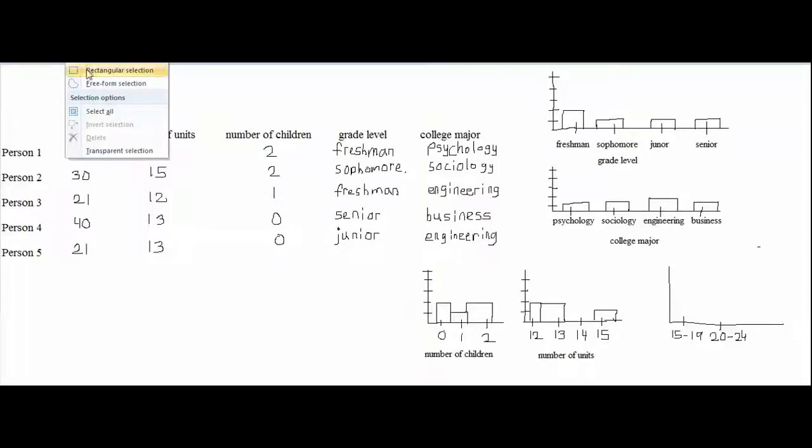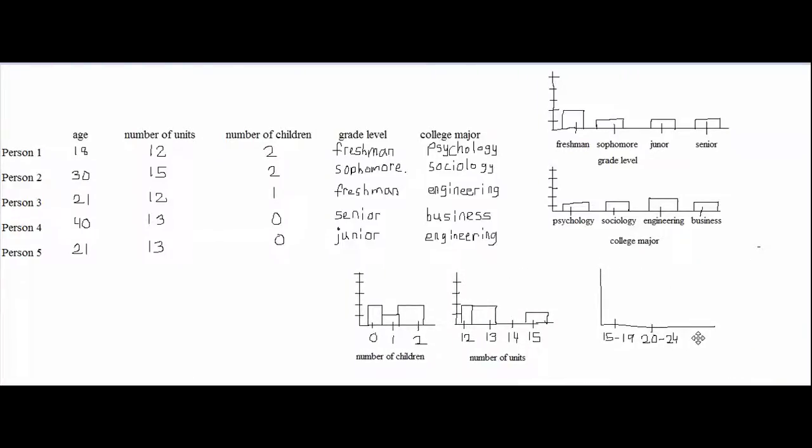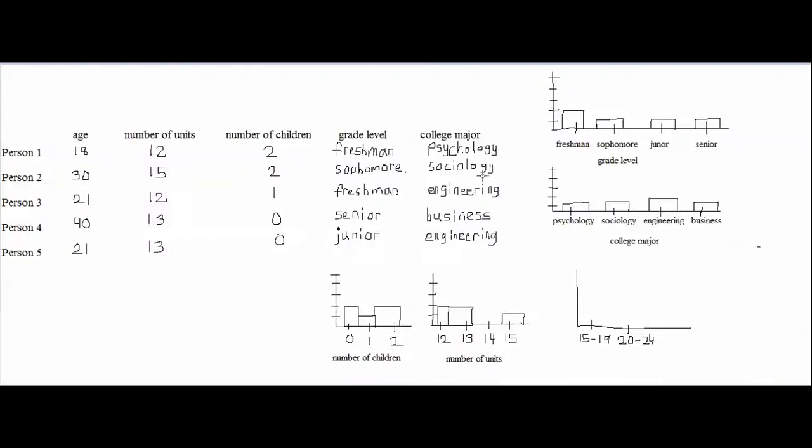I'll move this over so we have a little bit more space. Next we would have 25 to 29. And then after that we would have 30 to 34.